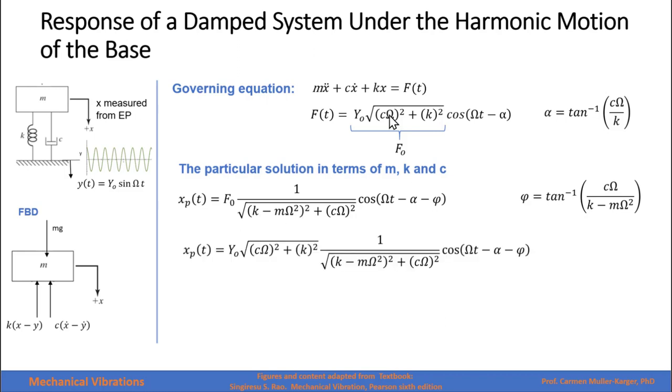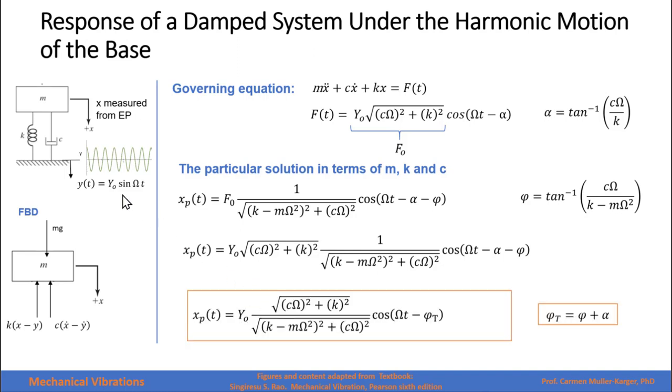If we substitute F sub 0 by this amplitude, we get this expression, and we can write it as y sub 0, which is the amplitude of the displacement of the base, times this coefficient, times cosine of omega t minus a phase angle. The phase angle is the addition of alpha plus phi, and those are the two phase angles.